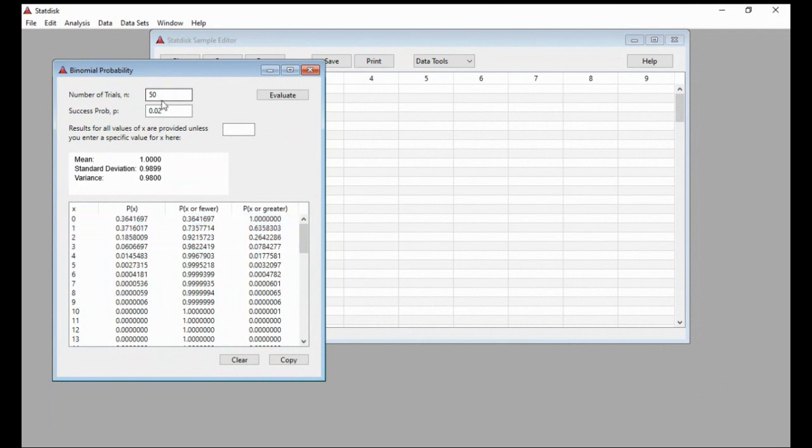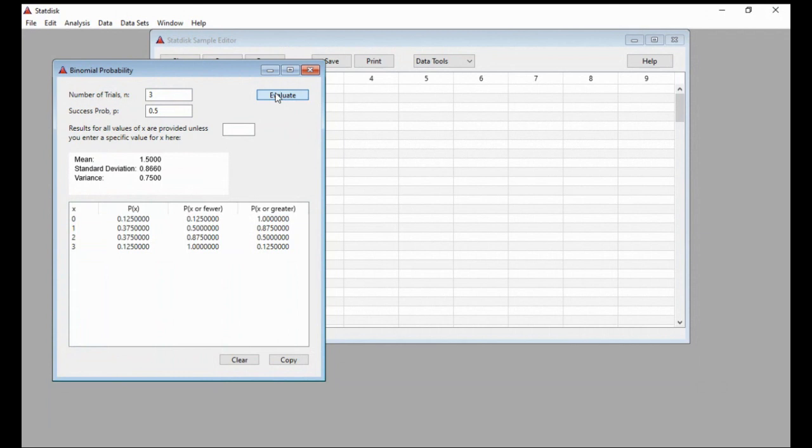Computing probability, we do whatever we did in this case. So we're using 3 trials, and here the probability is 0.50, using the coins approach. We paste it and do the evaluation.